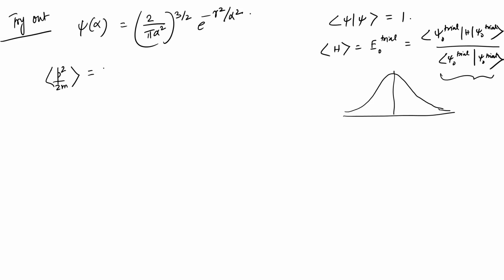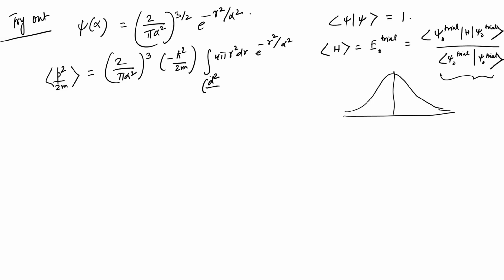So, you can try out exactly the way that you have done it. So, 2 by pi alpha squared whole to the power 3 by 2, and you have a minus ħ² over 2m, and then we have a 4 pi r squared dr e to the power minus r squared by alpha squared. So, then you have this d2 dr2 plus 2 by r d dr, and then you have this e to the power minus r squared by alpha squared from 0 to infinity.